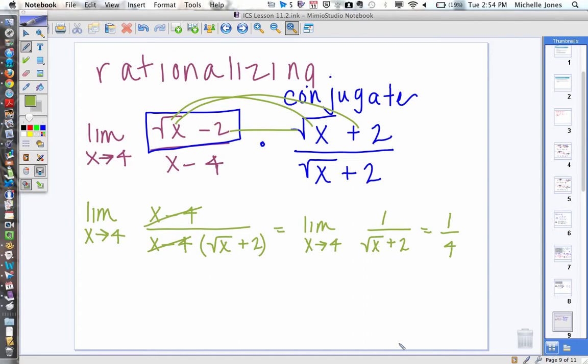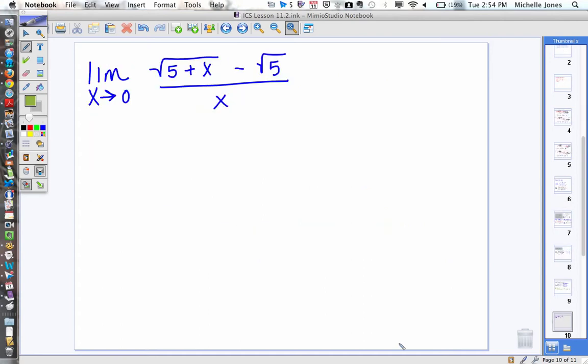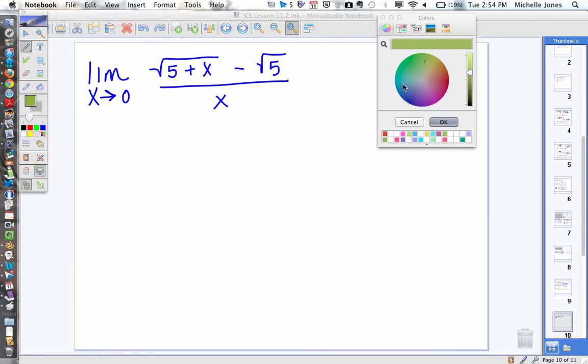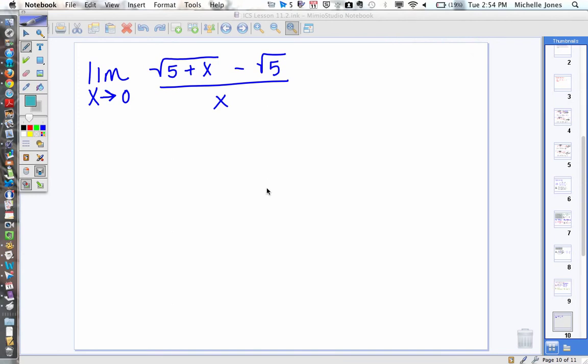Let's try another one. Here you can see, it's got a pretty color. You can see in your numerator that we have 2 square roots. We've got the square root of 5 plus x, and we've got the square root of 5. So that's going to be what we take the conjugate of.